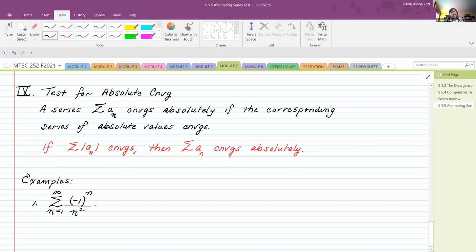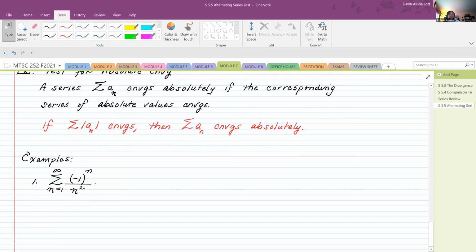Now I can actually do the alternating series test on this series, but I'm going to use the test of absolute convergence because if it converges absolutely, then it's said to converge.